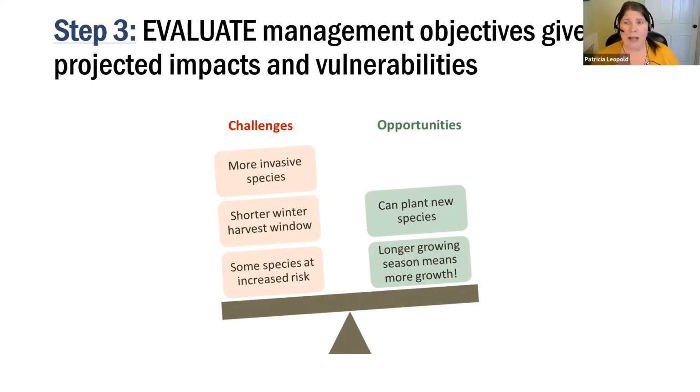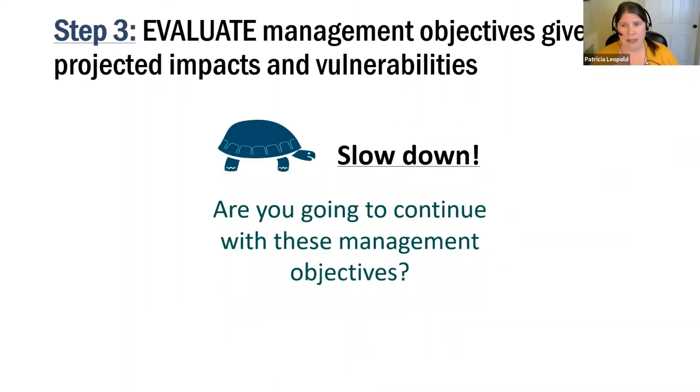If, however, climate change makes it extremely difficult or impossible to meet your management objectives, then your feasibility is likely low. And this step also provides an opportunity to go back and change your management objectives if need be. Or if they're not too low feasibility, you can always move those forward to step number 4 and be able to select the adaptation actions that are going to help you overcome those challenges.